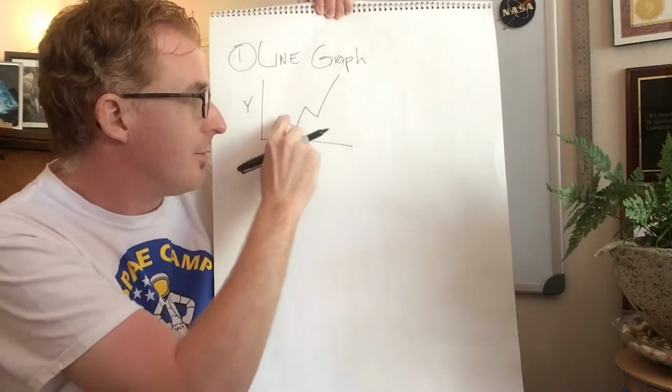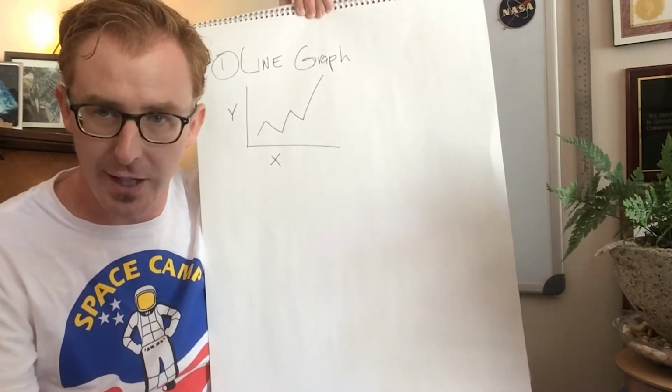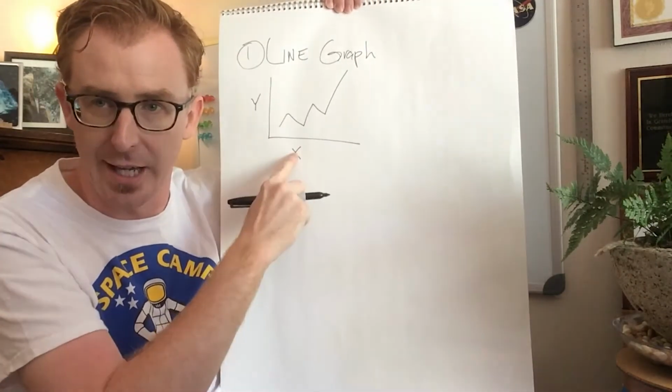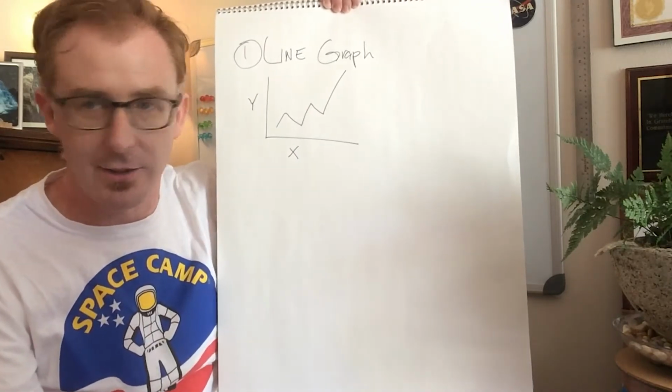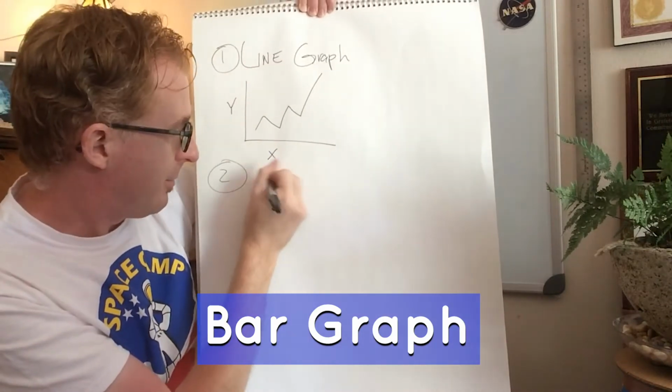So you have a graph where lines move according to up or down value sets on your graph's x and y axes.